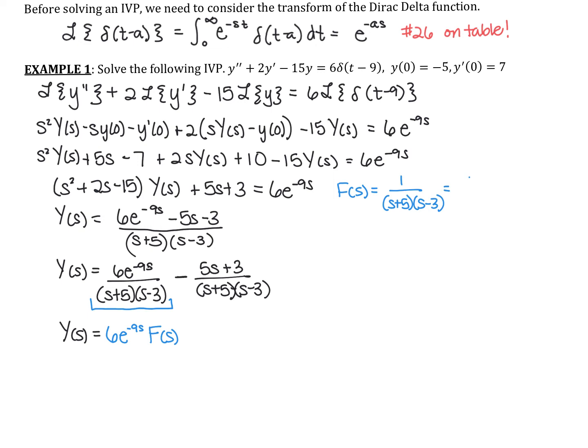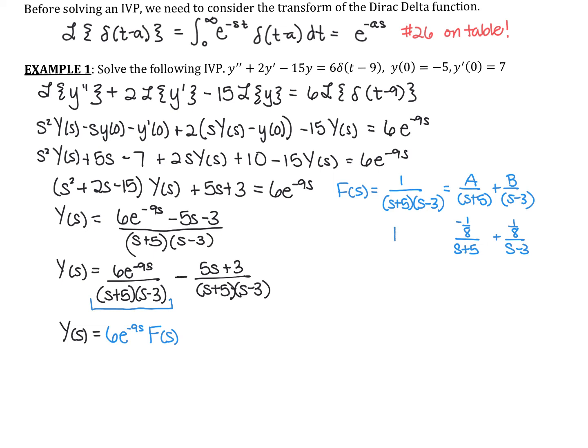And so I'm going to use my partial fraction calculator online. I'm not going to do this by hand. There's enough tediousness to this problem to not do your partial fractions. And when I do this online, we get that this fraction will be negative 1/8 over s plus 5, and this one will be positive 1/8 over s minus 3.